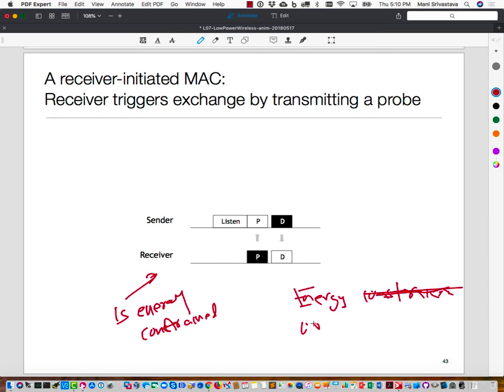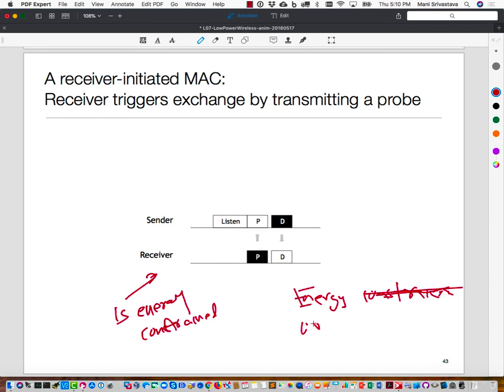Now, BLE doesn't operate like that. BLE is sender initiated, and in fact, as I mentioned a short while ago, all the standards that you will find are sender initiated. Receiver initiated is more of an academic curiosity, but it does have an advantage, which is that it takes the argument to its logical extreme: if the receiver is energy constrained, let's minimize wasted receive effort.